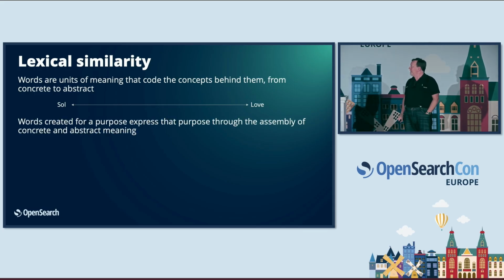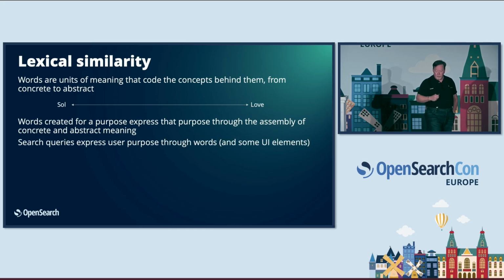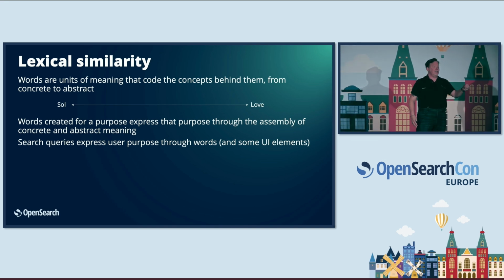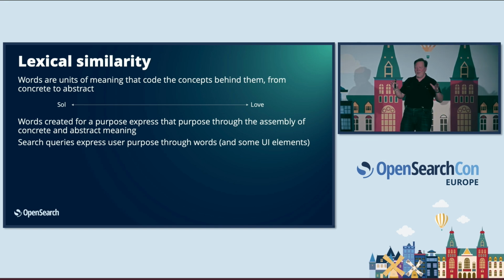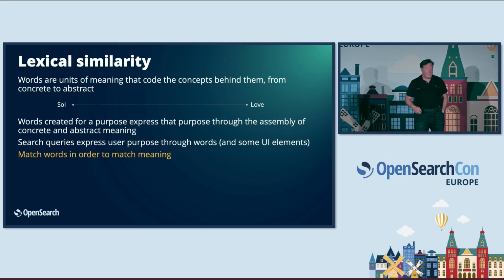But the words are the things that actually carry the meaning and are what we are trying to create the similarity for. So the search query expresses the intent of the user through the words, and the words capture the meaning of that query.